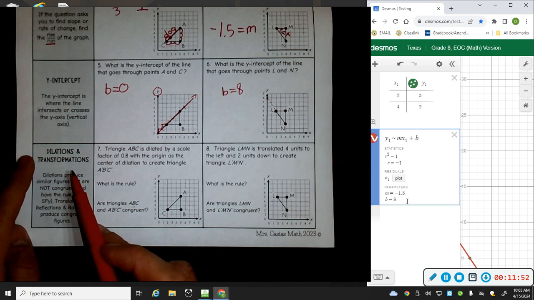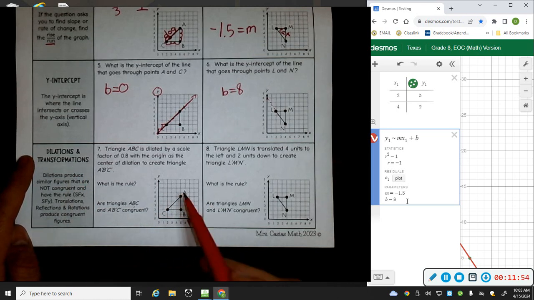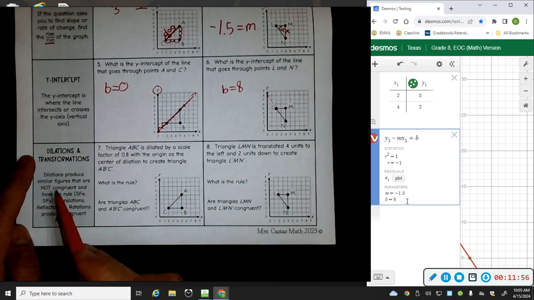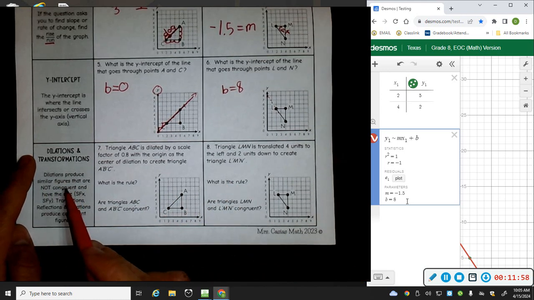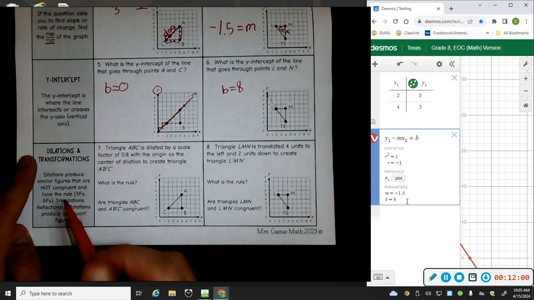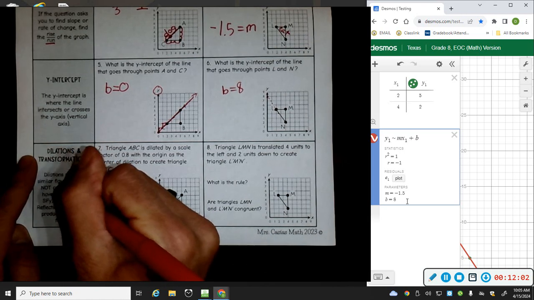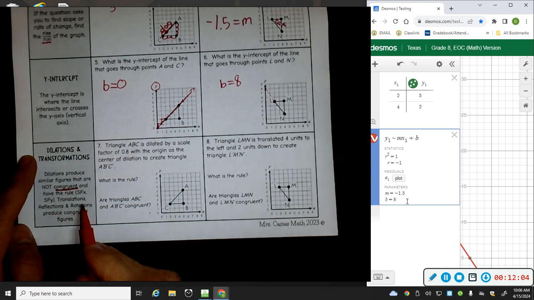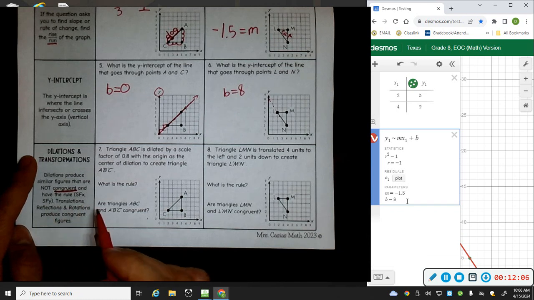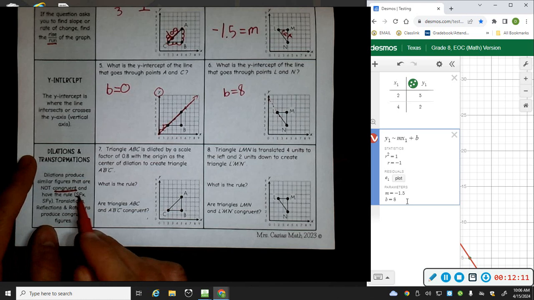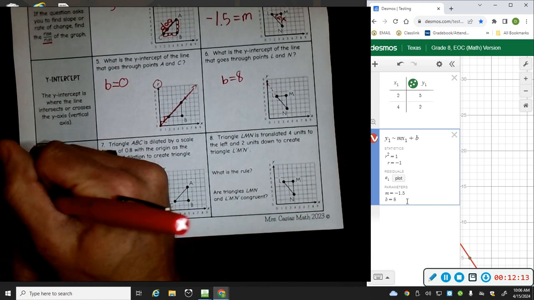We can also manipulate things on a coordinate grid. So dilations produce similar figures that are not congruent, right? Not congruent, not the same, right? And have the rule SFx, SFy. And what is that SF? That's the scale factor. I'm going to write that.